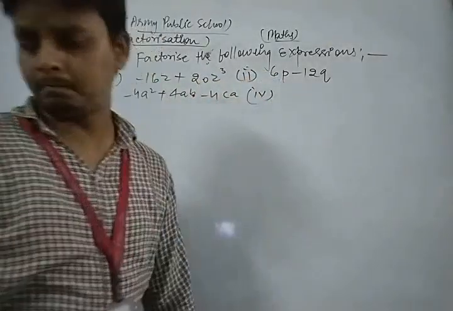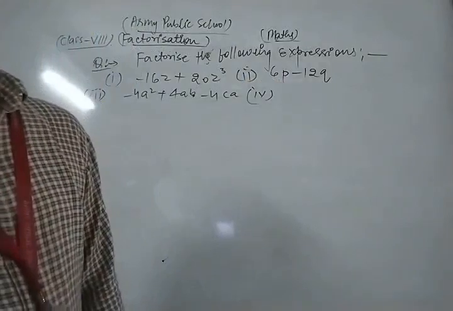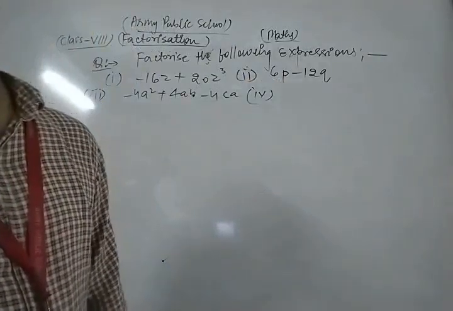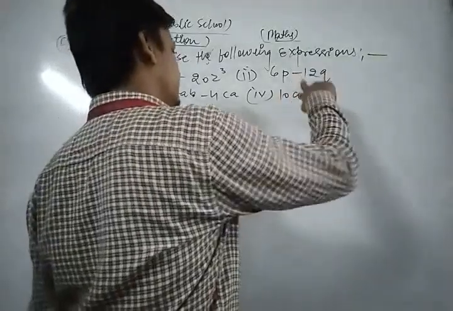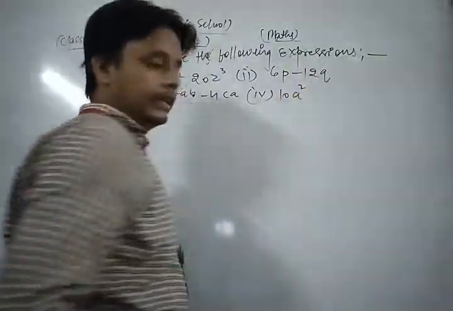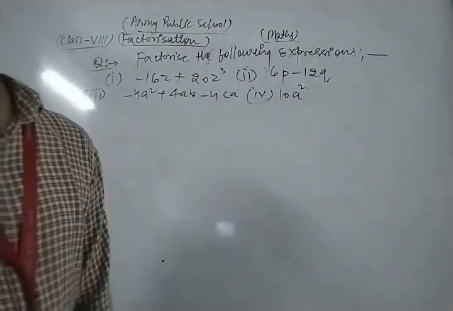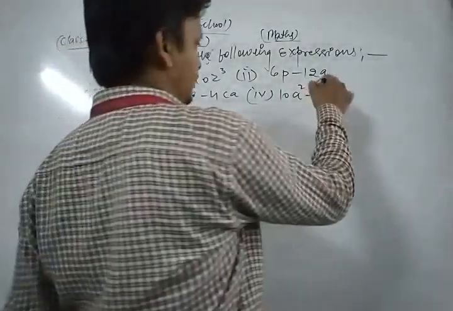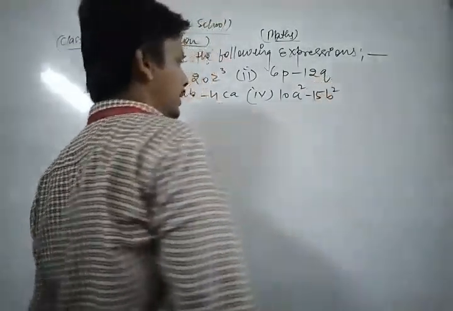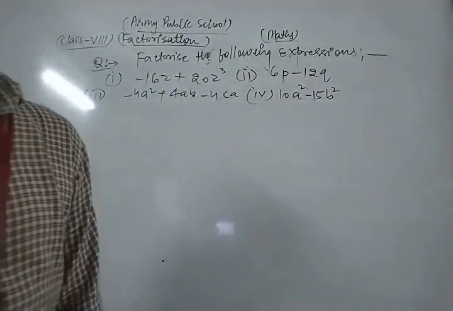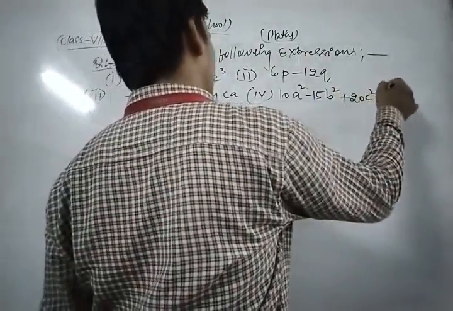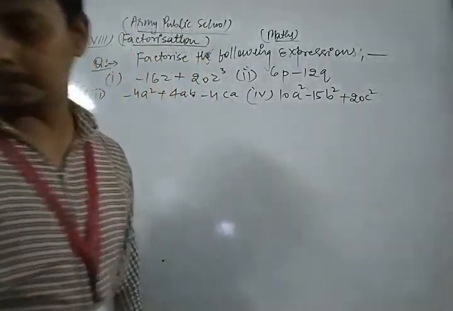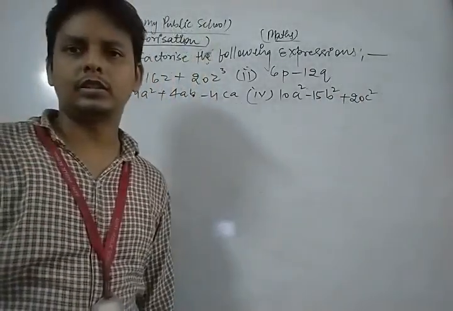Fourth: 10a square minus 15b square plus 20c square. This is the question here.